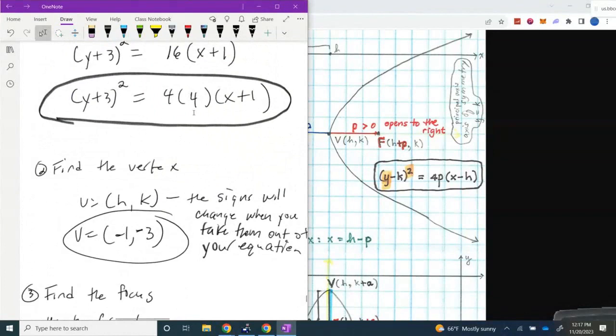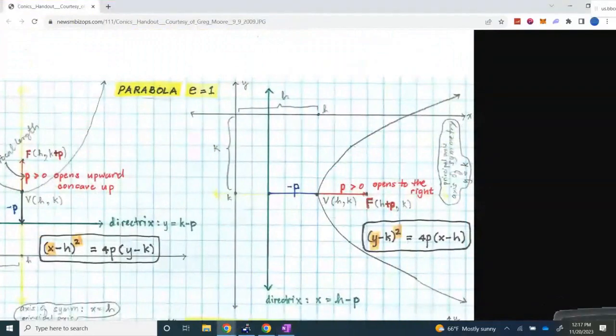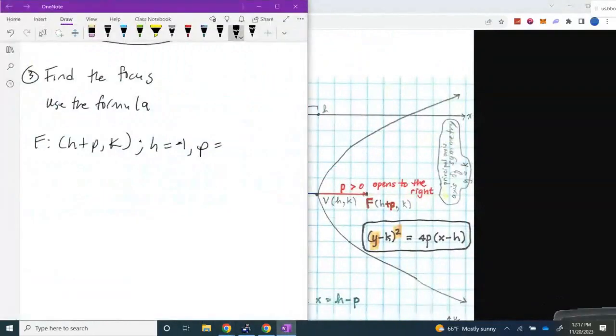P is going to be 4, because P, A, and C is all depending on which formula sheet that you're using. But P is going to be 4. And what's K?